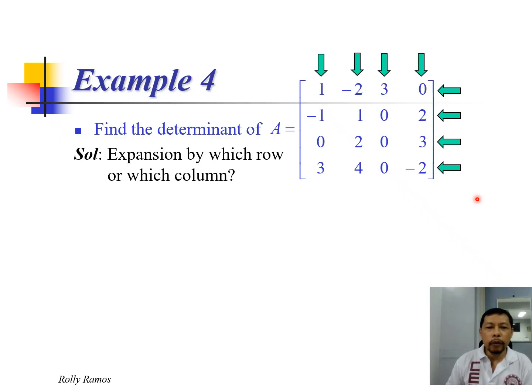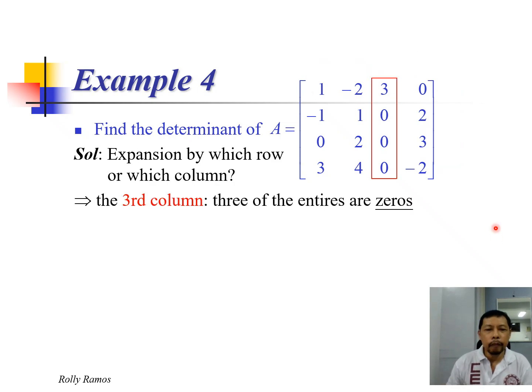Expansion by which row or which column? I've already discussed that. So the third column must be selected. Three of the entries are zeros. So it simplifies our work because we will not be doing this multiplication anymore.